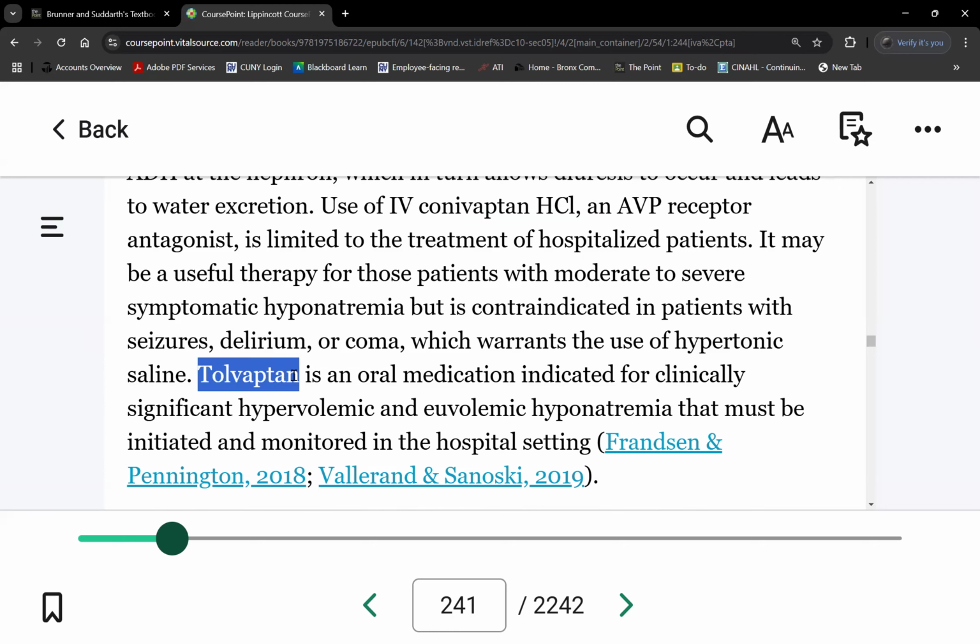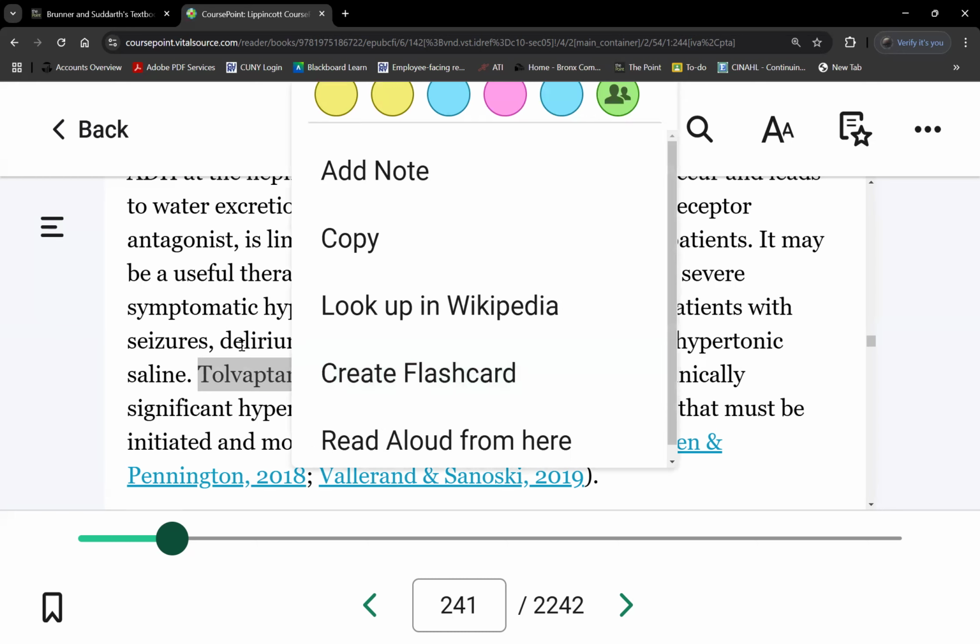So tolvaptan or conivaptan. Both are only used in the hospital setting. Because why again? What's the number 1 side effect? Hypernatremia. So we can't risk treating these patients with these drugs at home. Okay, they have to be inpatient. Are we clear? So you'll never see this prescribed outpatient. All right.